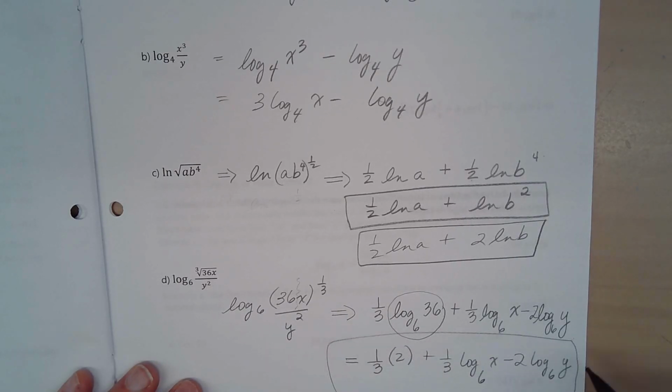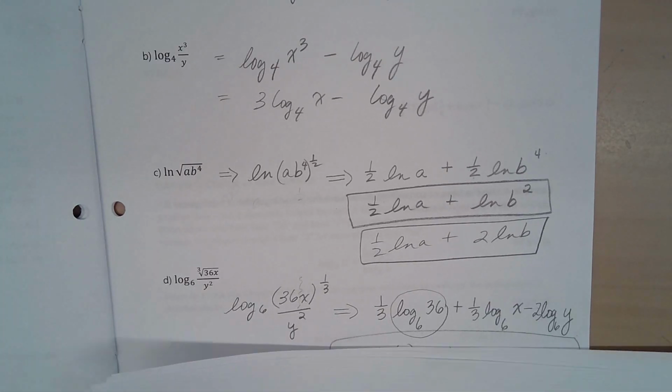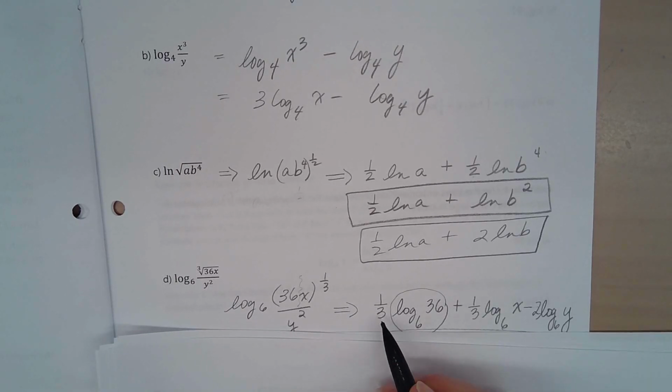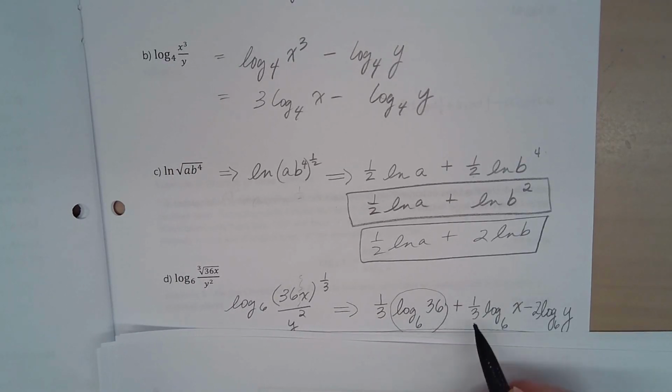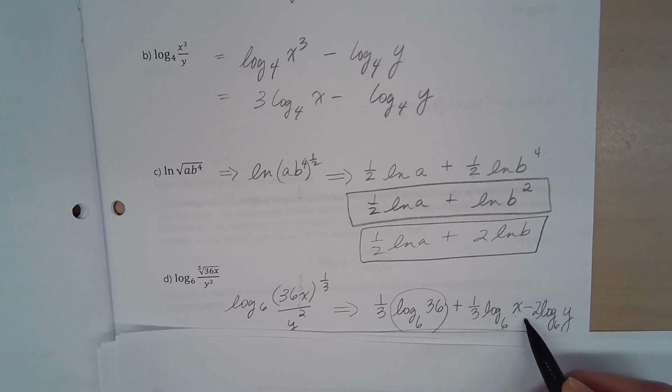How many people besides Eileen caught that? That's pretty advanced. I wouldn't expect everyone to get that at this stage. So if you just got up to here, that's great: 1/3 log base 6 of 36 plus 1/3 log base 6 of x minus 2 log base 6 of y. Good? Everyone got that?